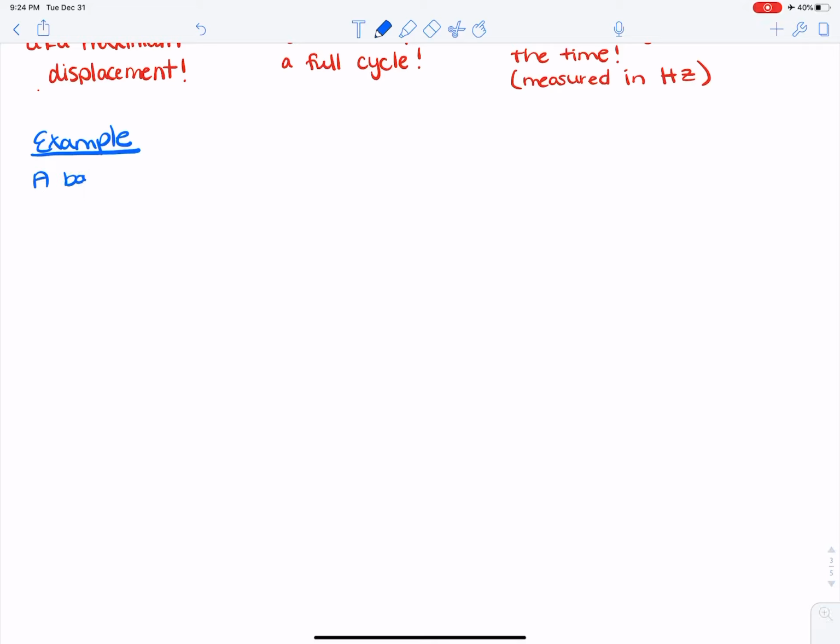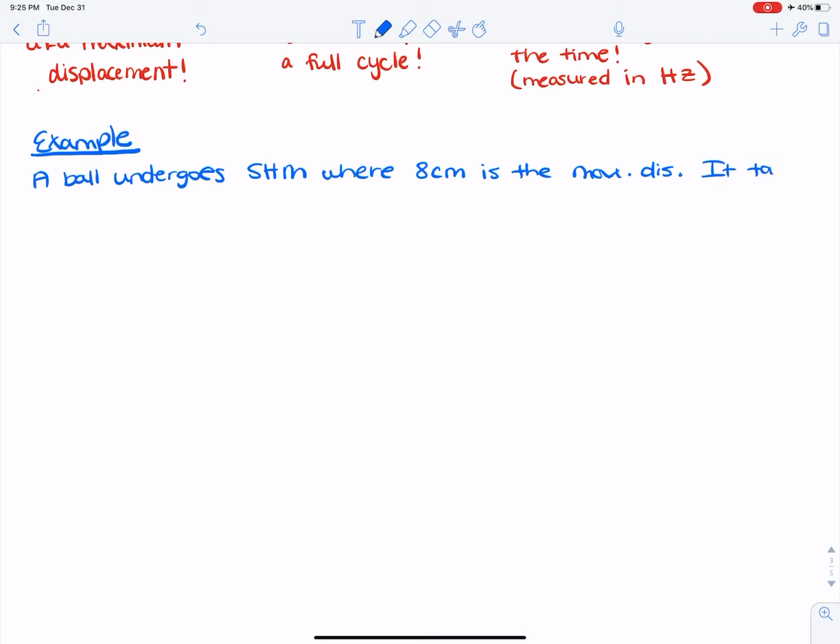A ball undergoes simple harmonic motion where 8 centimeters is the maximum displacement.